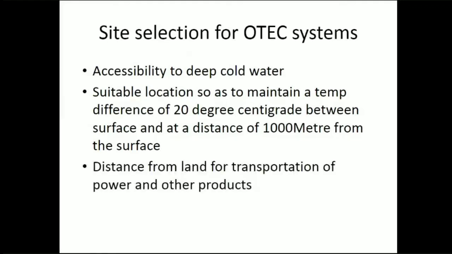Distance from the land for transportation of power and other products. So distance should be minimum so as to transport power, fresh water, etc. to the land. Then low biofouling locations. Biofouling is a disadvantage, so locations with low biofouling are more suitable.